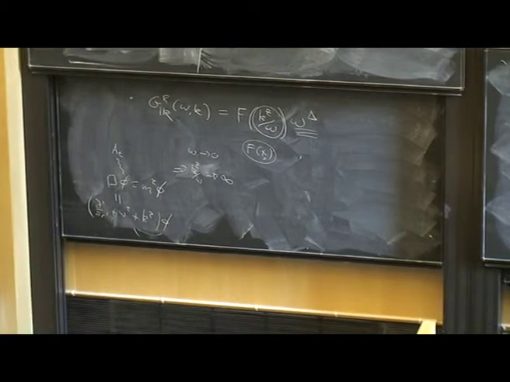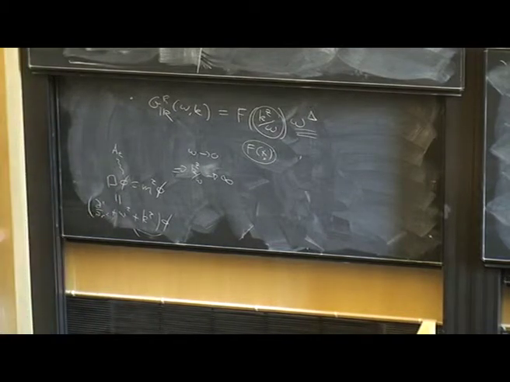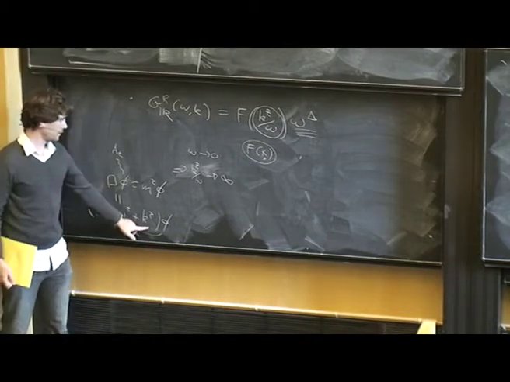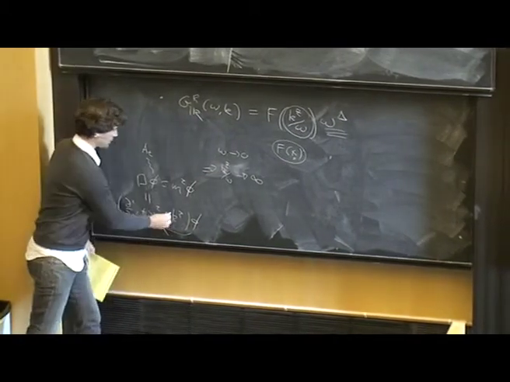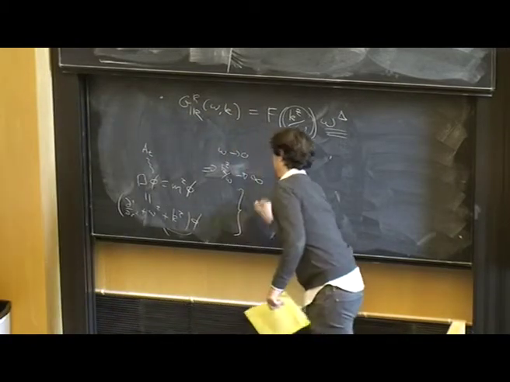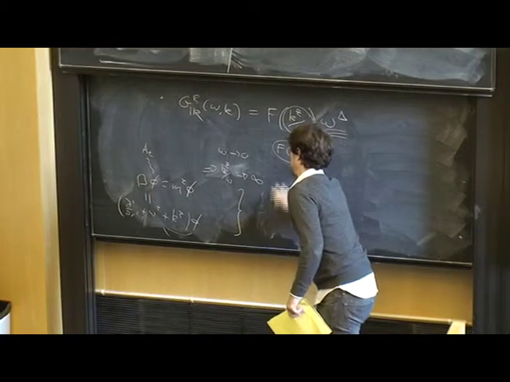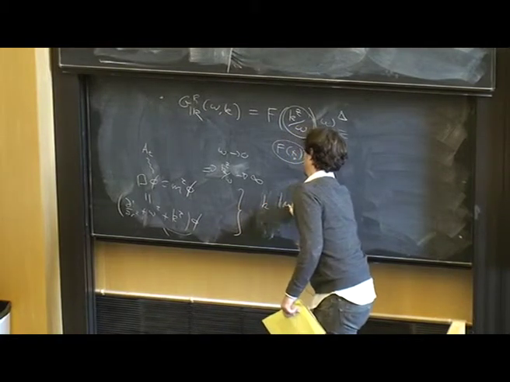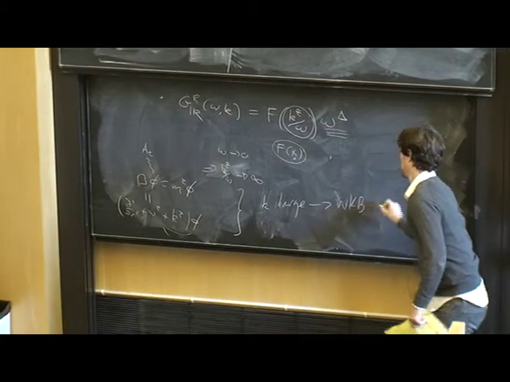So this has derivatives in x, t, and r. And now, when k is large, this large k limit is basically a WKB limit of this equation.